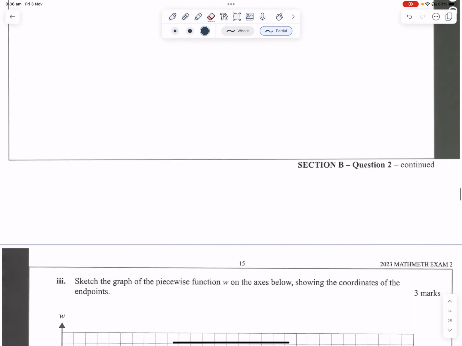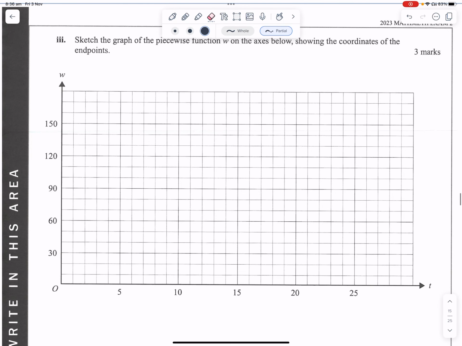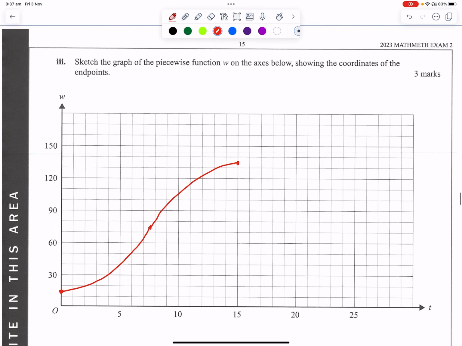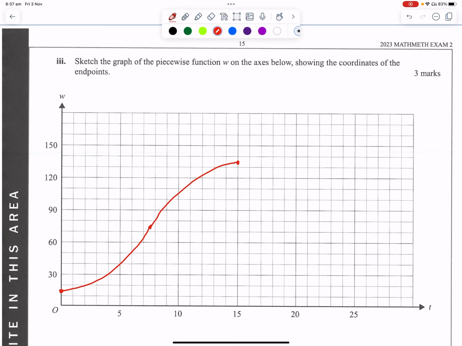Oh, there we go, sketch it. Alright, so we know it starts at 15. We know it goes to 15 and 135. And we know halfway between that, 7.5, it's going to be at the center, which is 75. Why did they do such a poor scale? It's going to look something like that, and then like that. And then we go for 5 to there. 0, 15.